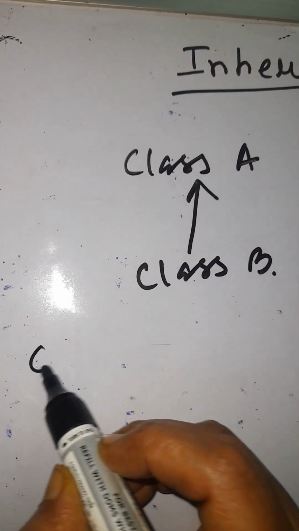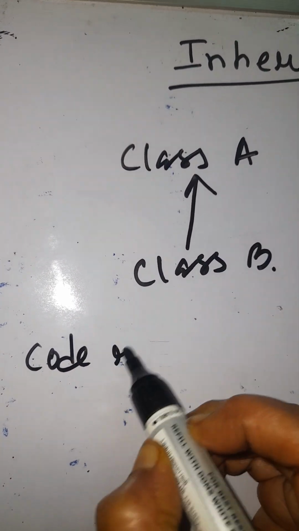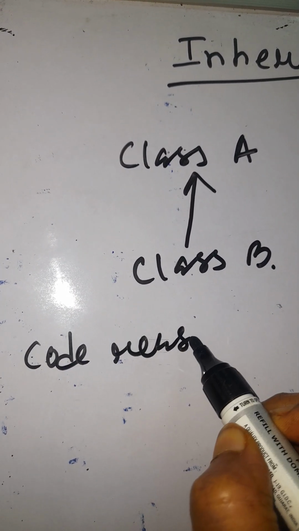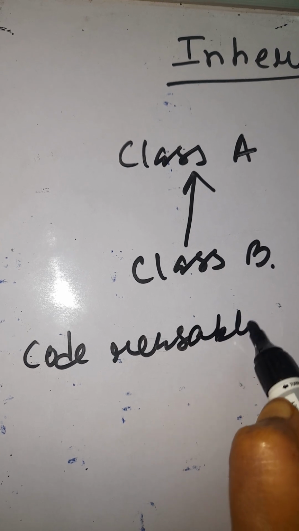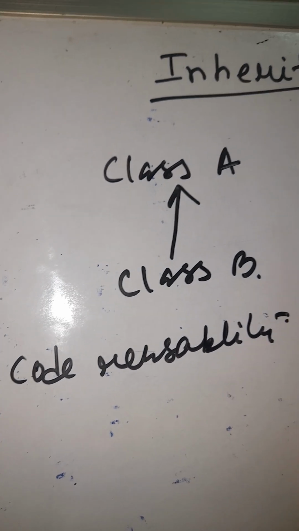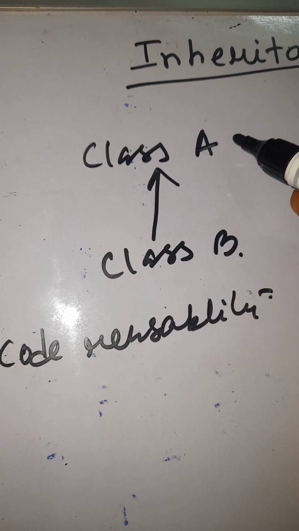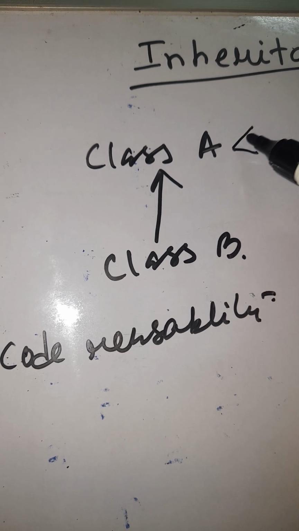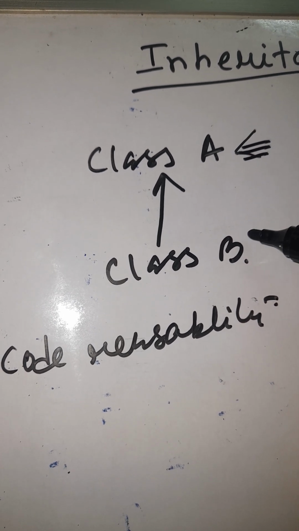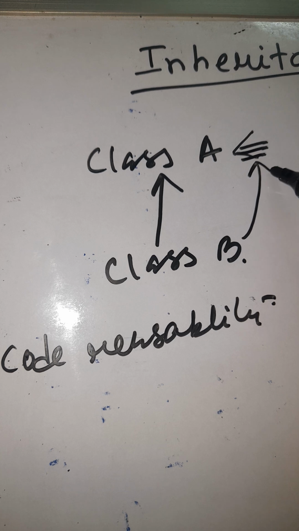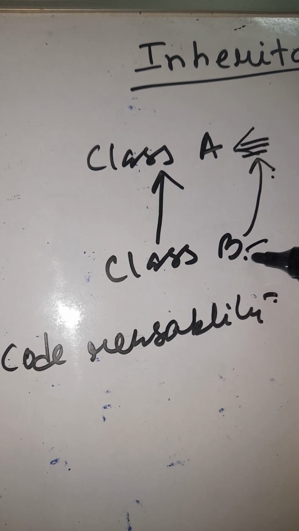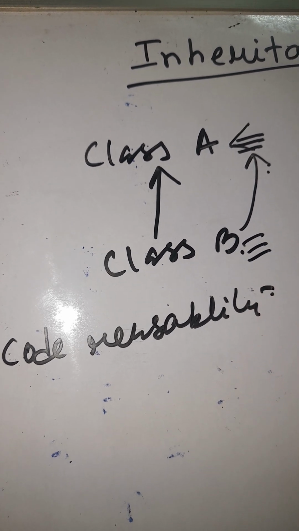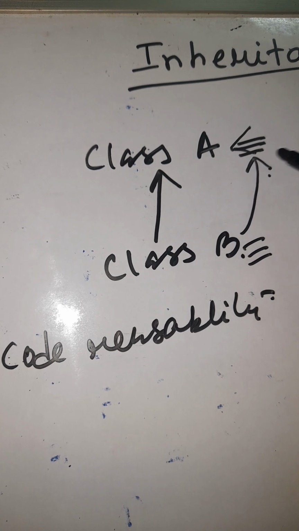The first one is code reusability. What is code reusability? Maybe you have written some code within class A, and this code will also be inherited by class B, and that code will also be available for class B. So that is some common properties.